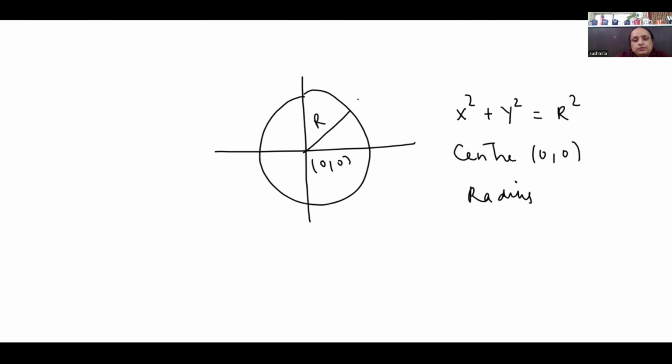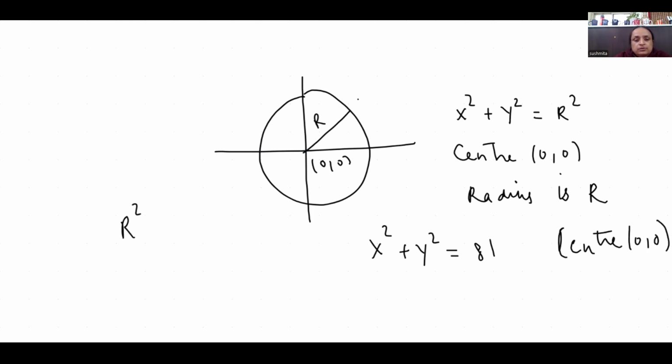So if we have the equation x squared plus y squared equals 81, the center is definitely 0, 0 and the radius would be 9, because r squared is 81, so r would be 9.